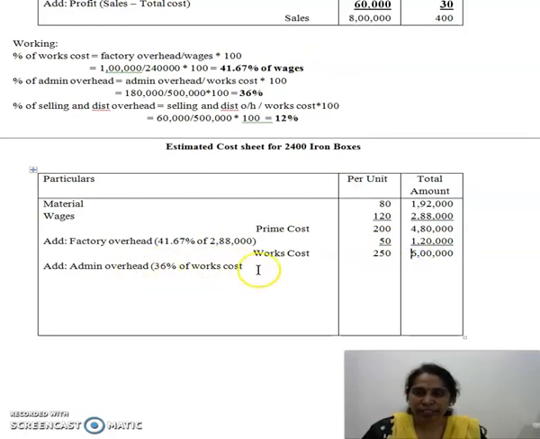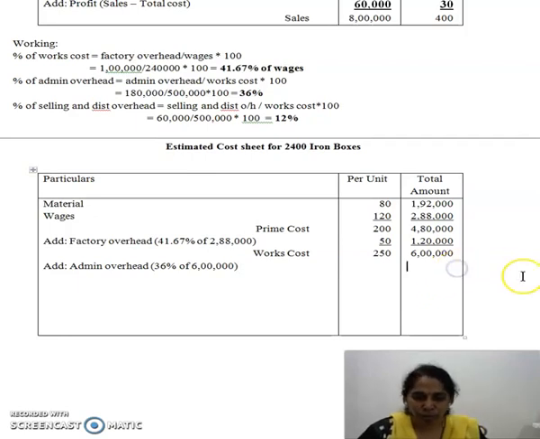So 36% of 6 lakhs. How much is it coming? Let me calculate. I am using a calculator. 6 lakhs into 36% is coming 2,16,000.